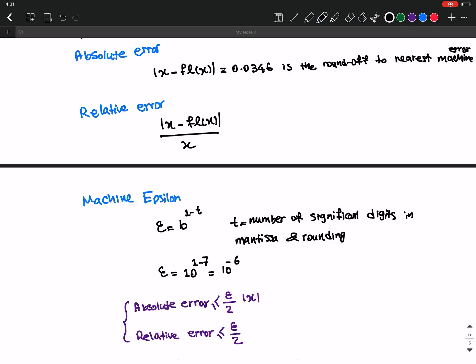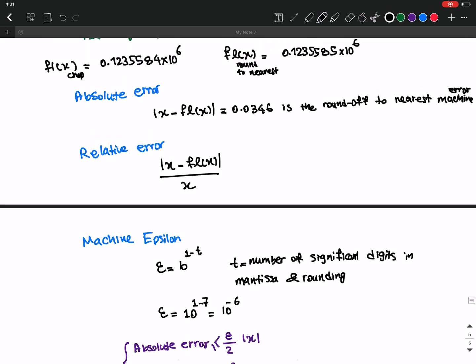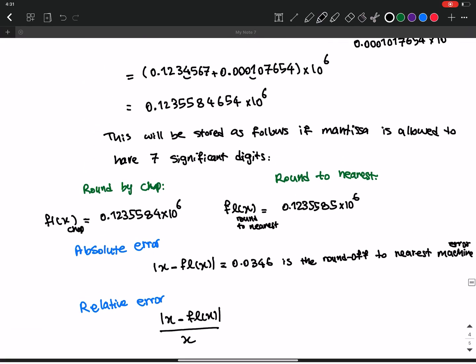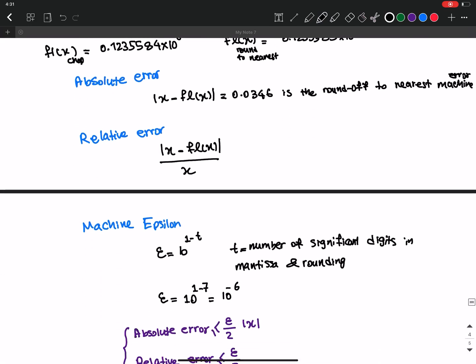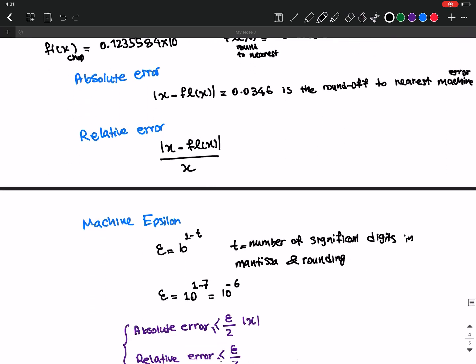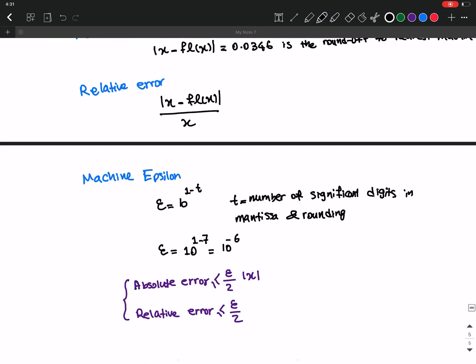These are pretty simple. Like 10 to the minus 6, if your number x is this, so our relative error, for example, here, and the absolute error is going to be smaller than what?